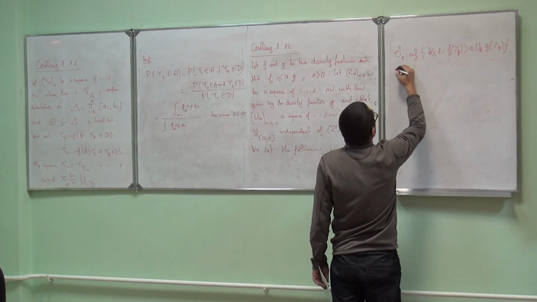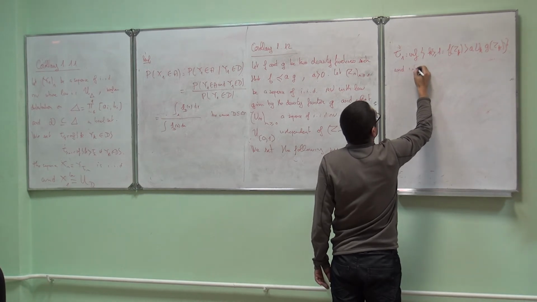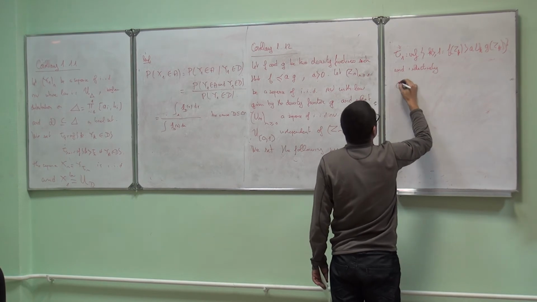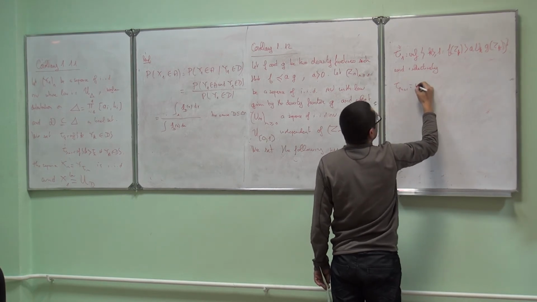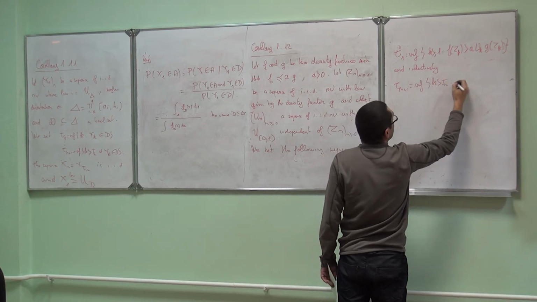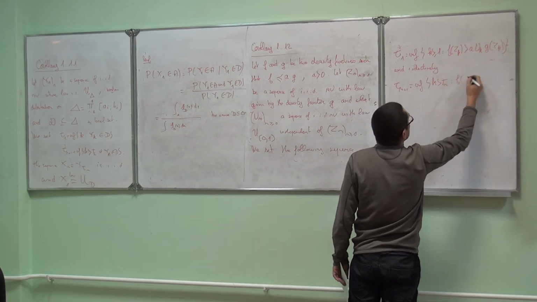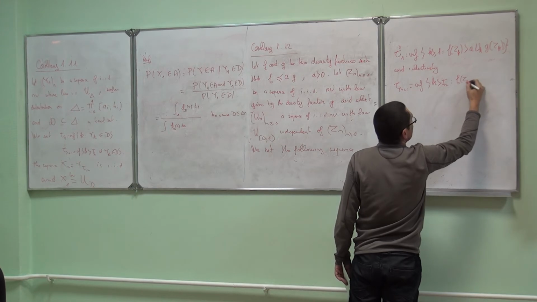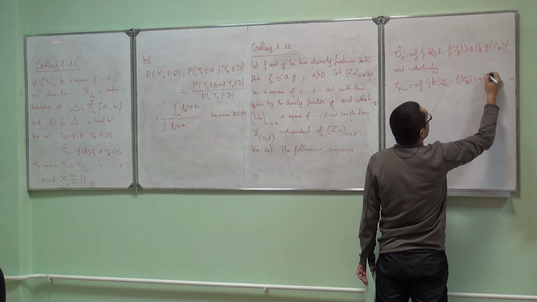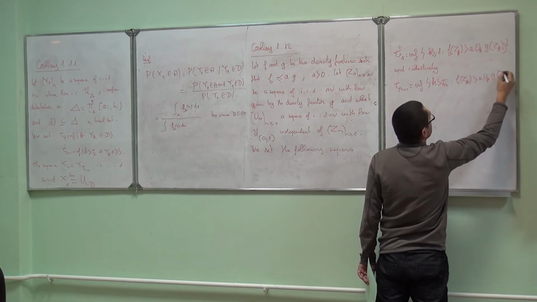Okay, this is the idea of the proof. And then, inductively, tau n plus 1 is the infimum of all k strictly greater than tau n such that we have the same relation, that is f of zk is strictly greater than a uk g of zk.